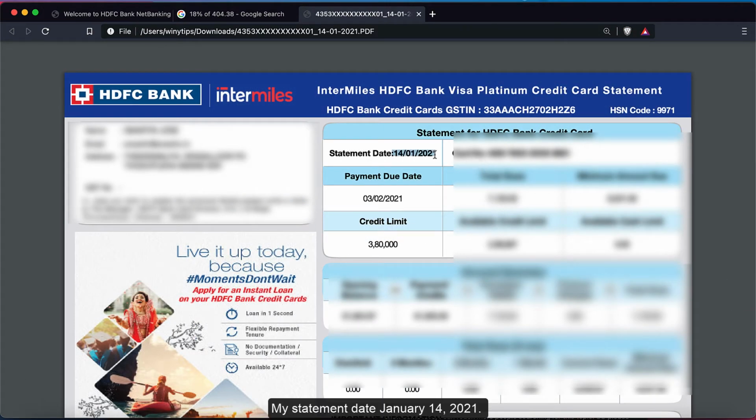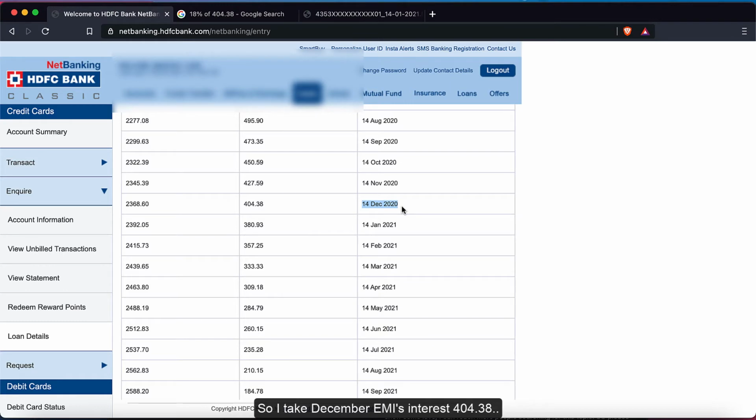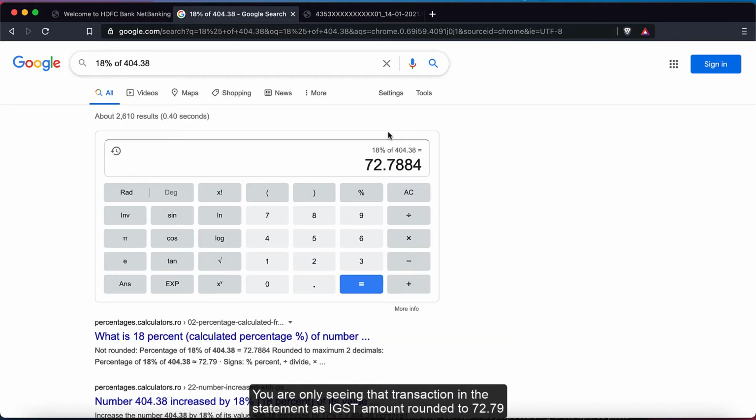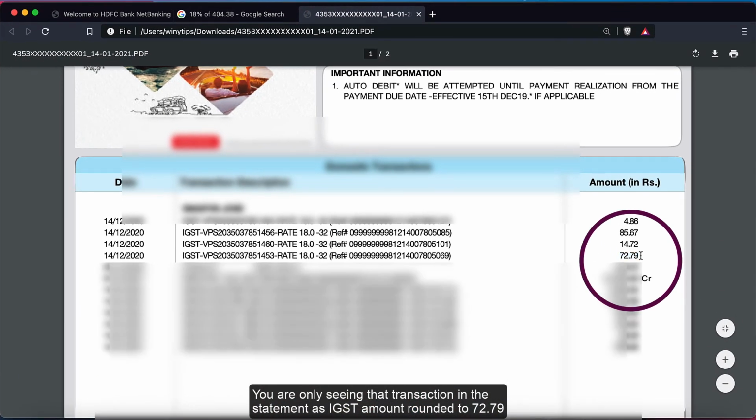My statement date is January 14, 2021. So I take December EMI's interest 404.38, and if I calculate 18% of that amount, it's about 72.88. You are only seeing that transaction in the statement as IGST amount rounded to 72.79.